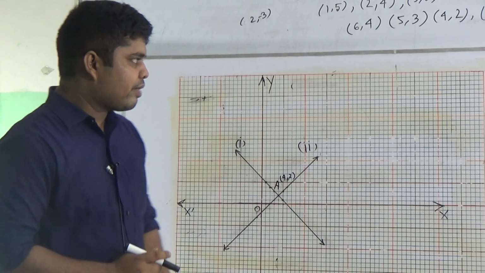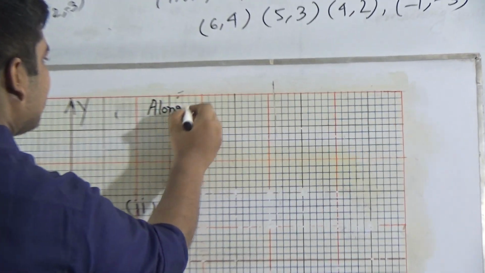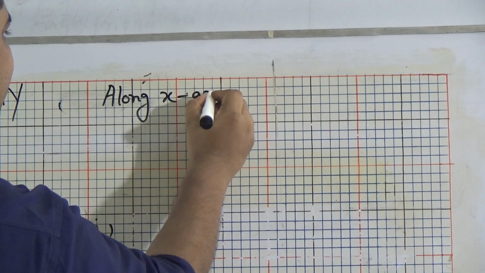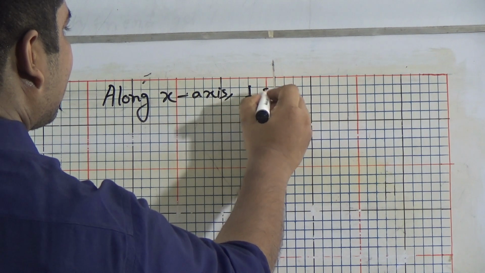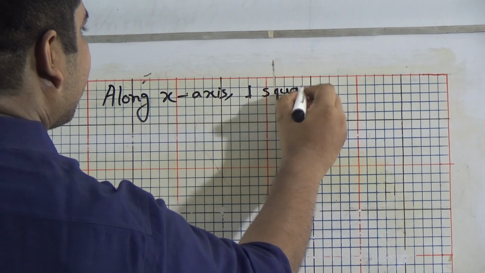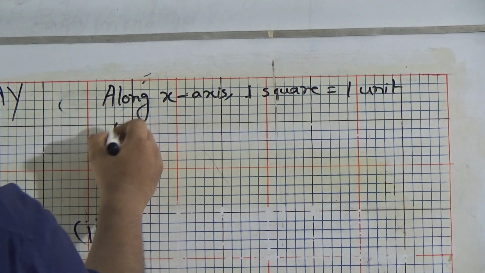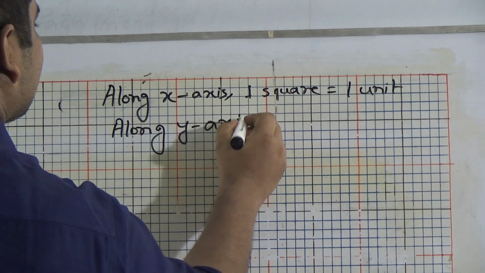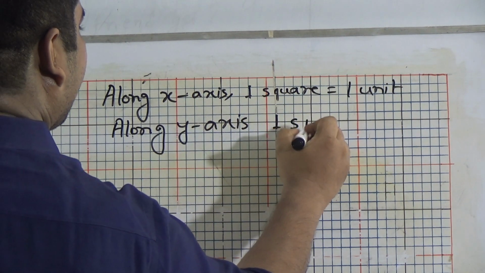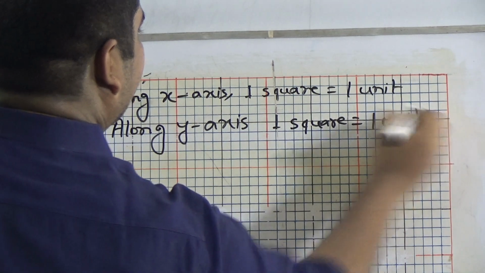Okay. Now here you write along x axis 1 square equal to 1 unit, along y axis 1 square equal to 1 unit.